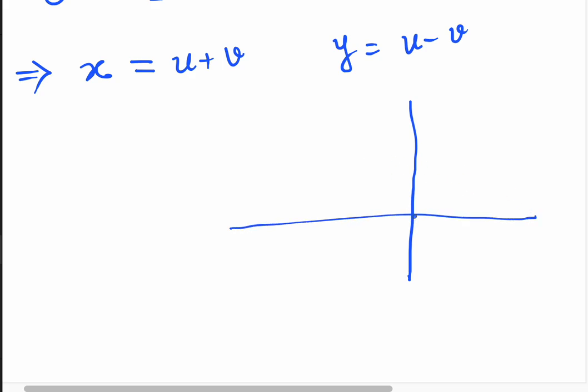One is u minus v and one is u plus v, each greater than or equal to 0.